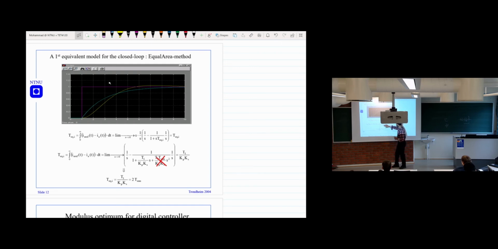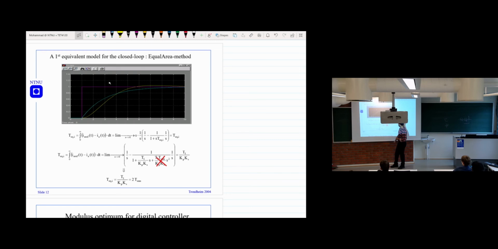So that's what we applied here. We have the original second order transfer function for the inner loop, and we try to make it equivalent using the equal area method, and then we come up with a first order function. So you initially have the second order, then apply the equal area criteria, then we get the first order transfer function. And in the first order transfer function, we need to have this T equivalent.